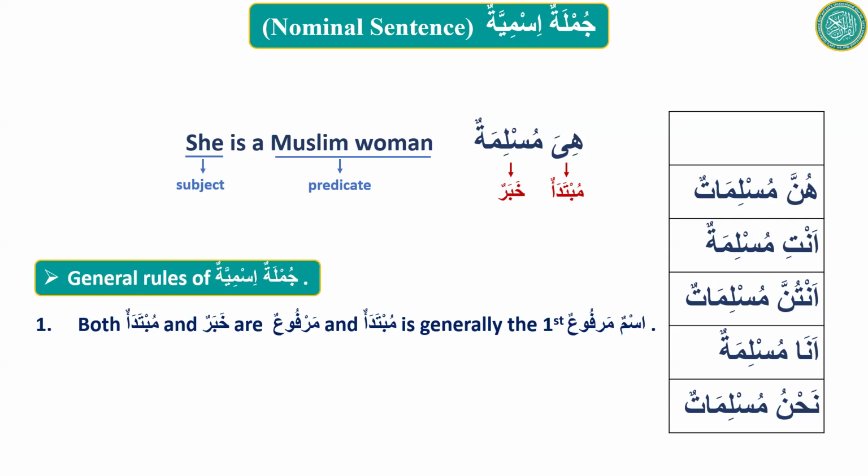So both mubtada and khabar are marfu, and mubtada is generally the first marfu ism. Like here, hiya is marfu, and muslimatun is marfu as well. Hiya is the first marfu ism, therefore it is mubtada.